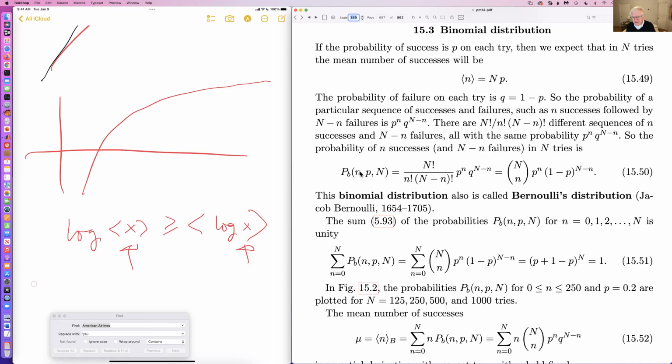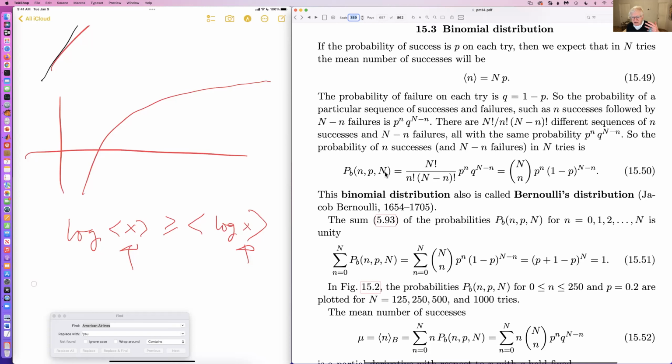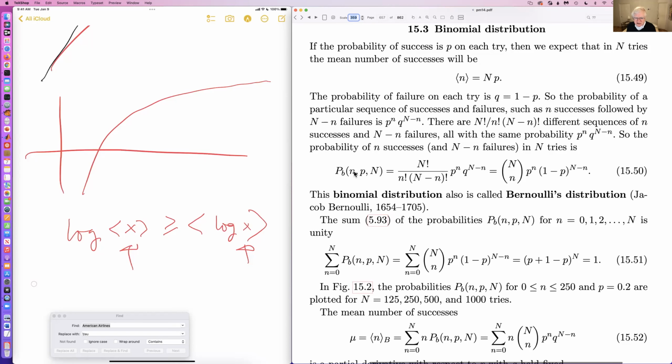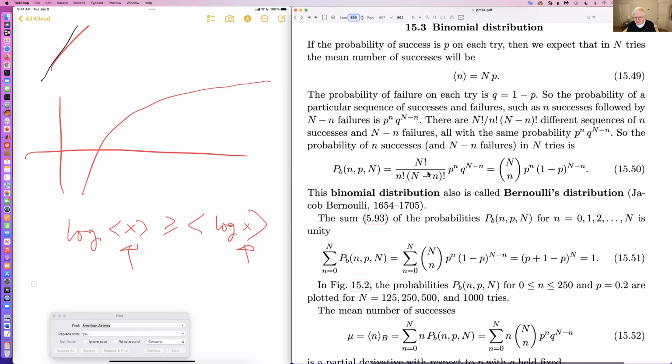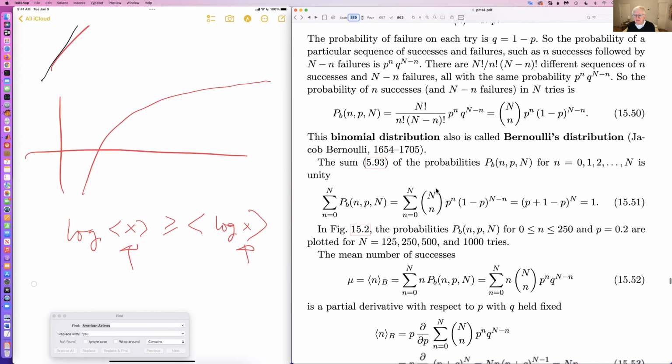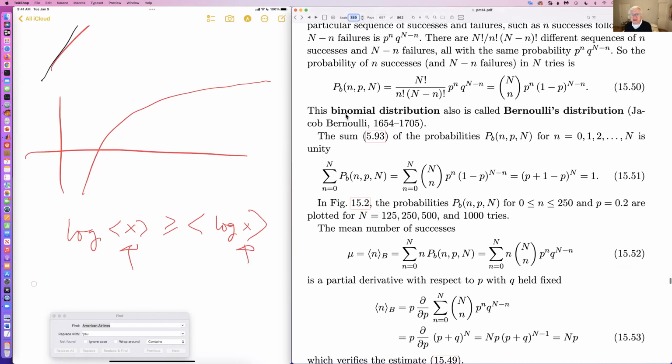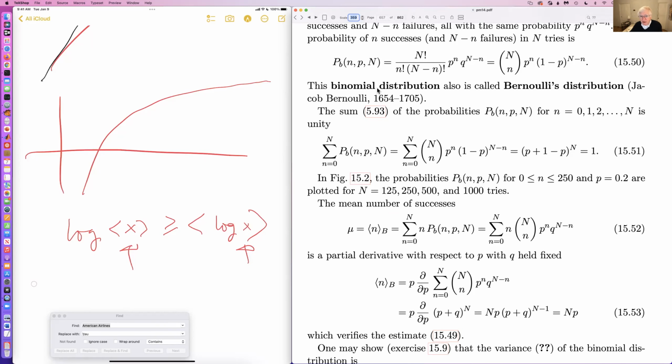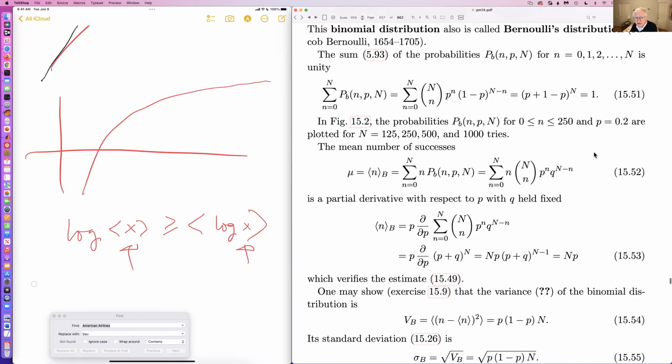So the probability of n successes in capital N tries, with probability p of success on each try, is this thing, which is the binomial distribution. It's due to Bernoulli, who was working in the 17th century. And the sum of these is automatically 1.